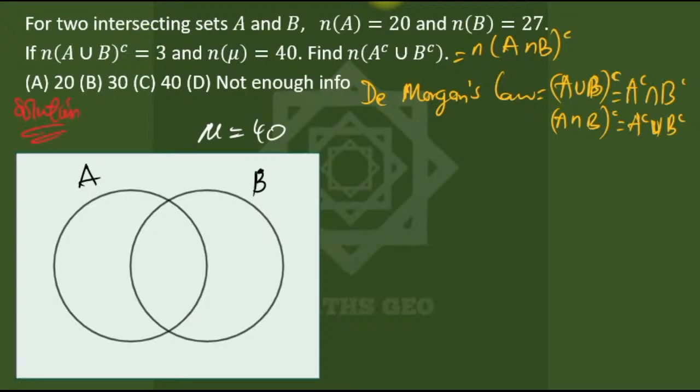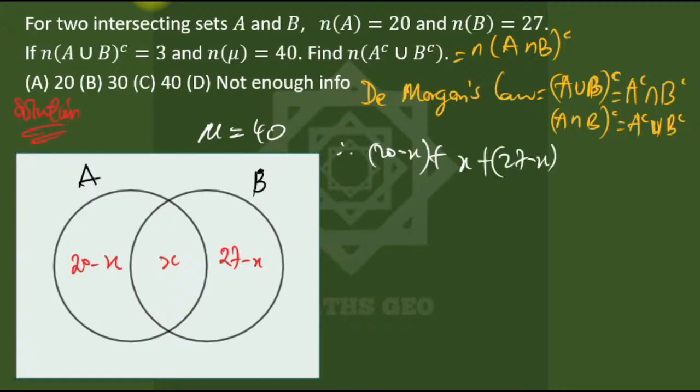Now, we don't have the intersection, so let's call it X. Since A is 20, A only will be 20 minus X, while B only is 27 minus X. Now we know that the universal set is 40.